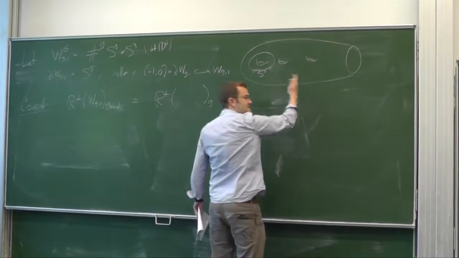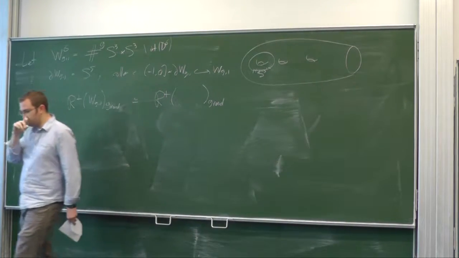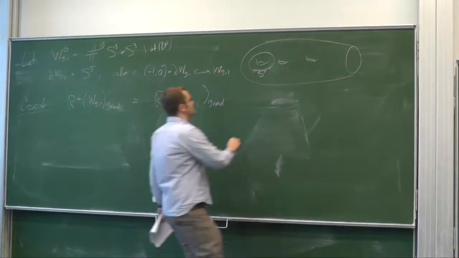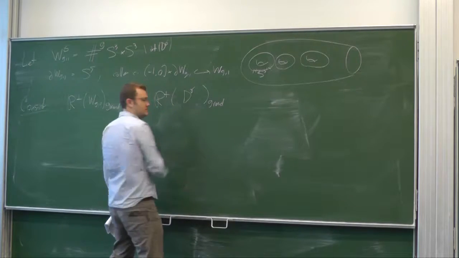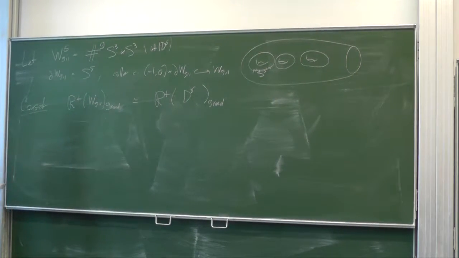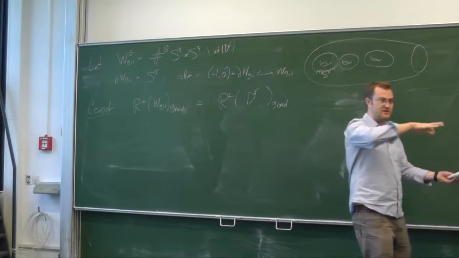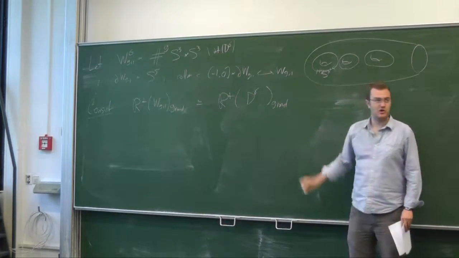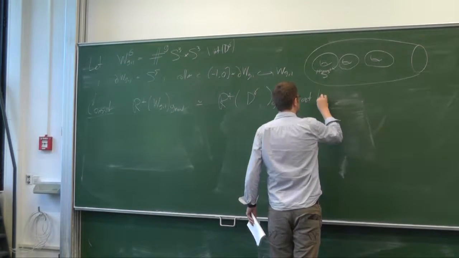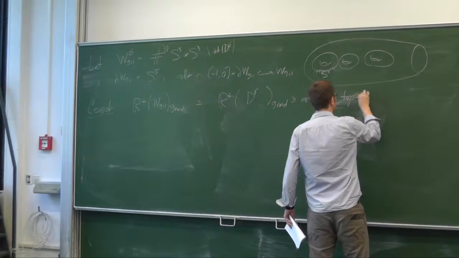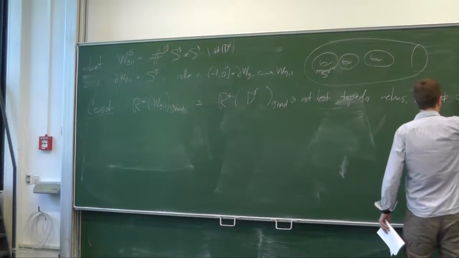All the surgery happens in the interior, and so we can talk about having the same boundary condition. Of course, if we do surgery along these g things, you get a disk. And I asserted last time that there are these things called torpedo metrics, which are metrics on the disk which near the boundary look like a collared version of that. So this contains at least torpedo metrics, so it's not empty.